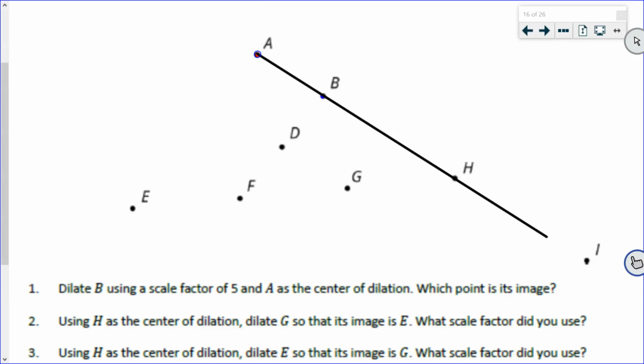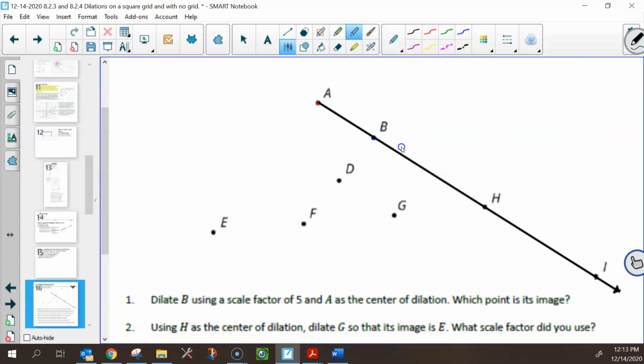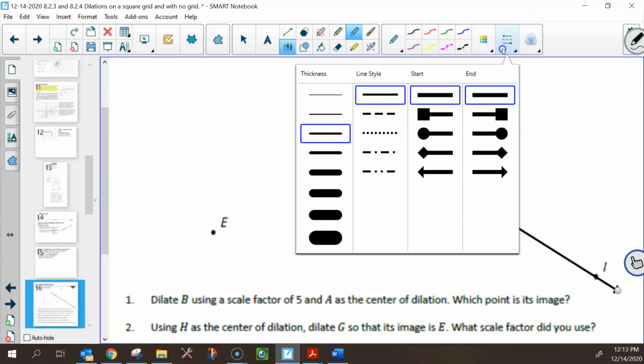So do you see how I'm extending that line all the way to the very edge of that diagram? So that means that B, when it is dilated, is going to be somewhere on this ray. We just need to figure out where exactly. And so, as I read through this, I'm going to change the color here just a second so that we can really see everything that's going on.